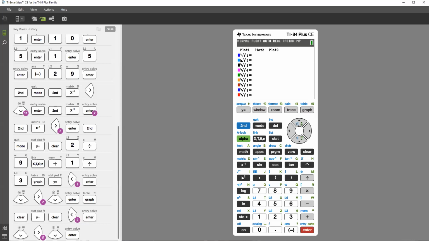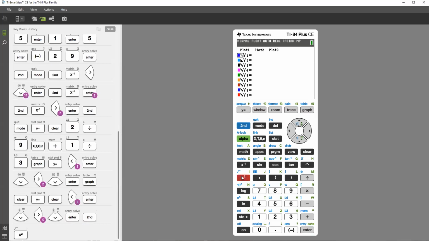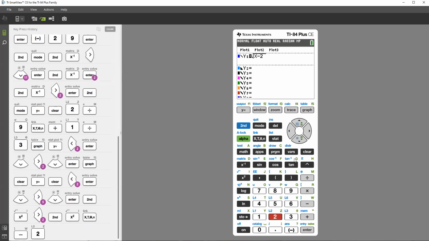So this was the square root of x minus 2. So go to the front. Square root's blue, so hit the second button and the x squared button. Second button, x squared, get my radical. And then underneath I had what, x minus 2.